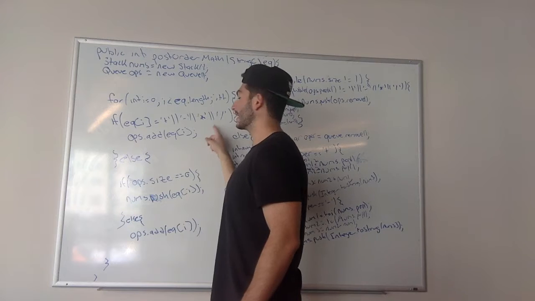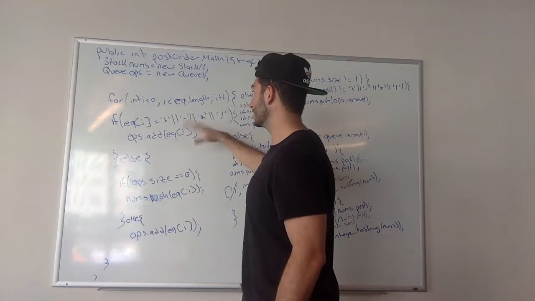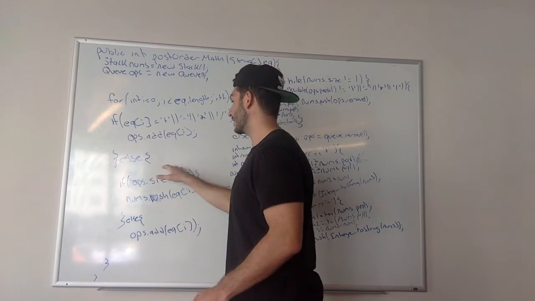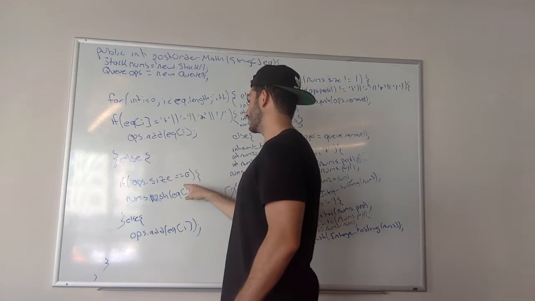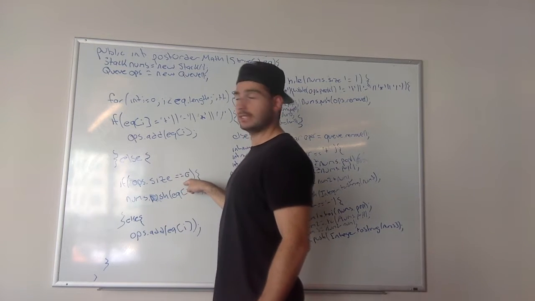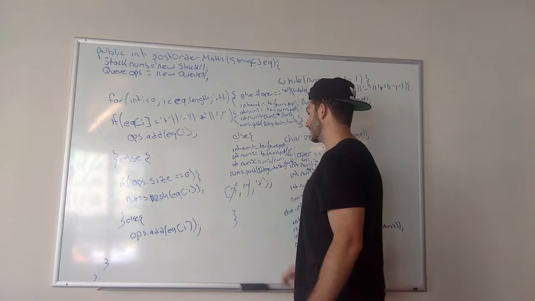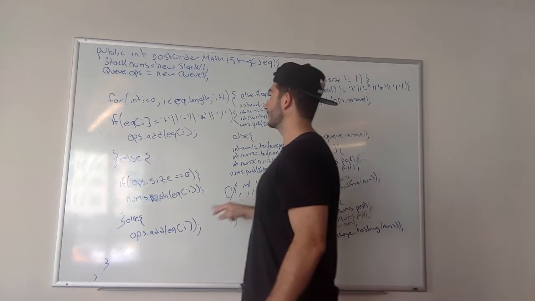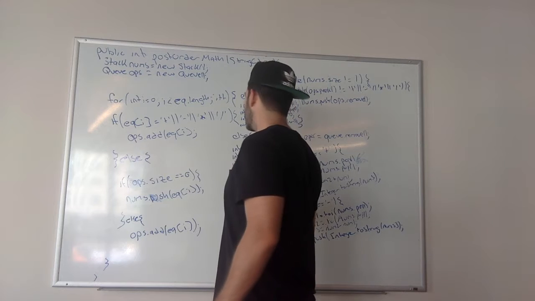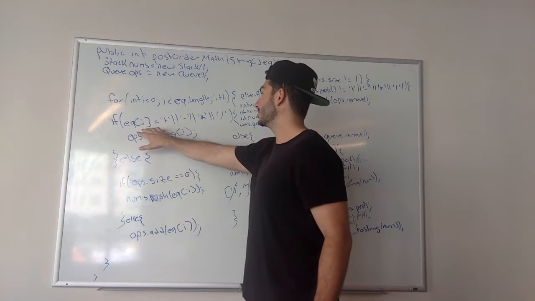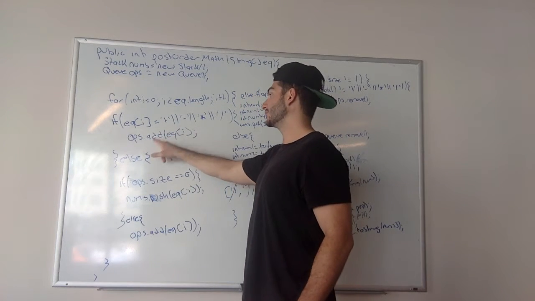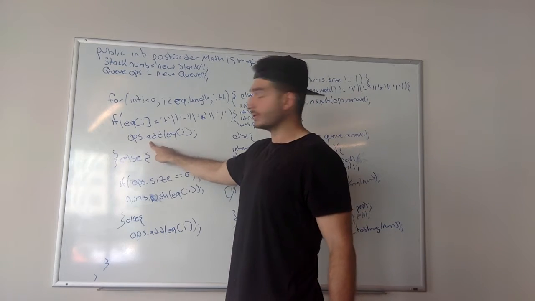We check if 7 is an operator, it's not. So we quit out of the if statement, we go to the else statement. Again, we check if operators is empty, it is, so we push 7 onto the num stack. And now for the last element of the array, we check if it's an operator, it is, so we add it to the operators queue.